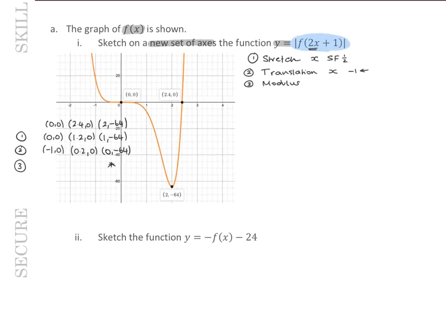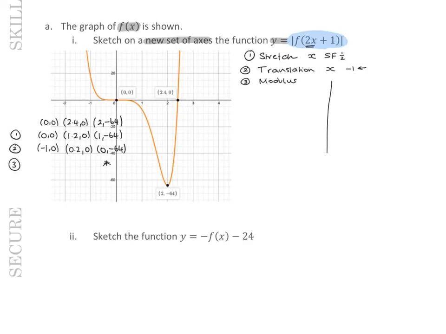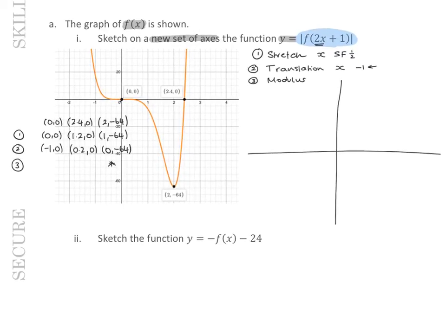So sketching my function. My new coordinates, this one is now minus 1, 0, so that's here. This one is now 0, 20, so that's there. And this one is now 0, minus 64.